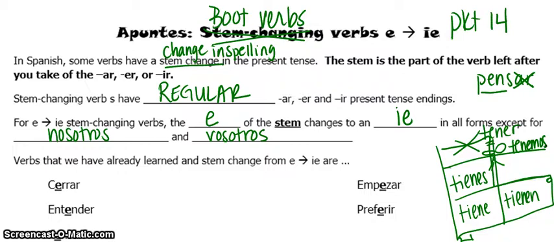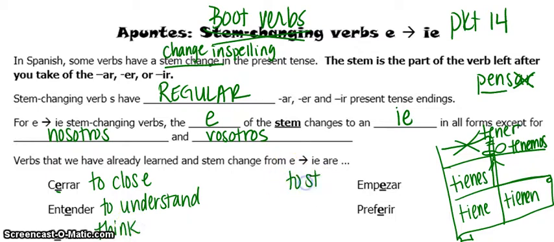Verbs we have already learned that stem change from E to IE, so these are verbs that we already know in this unit. Cerrar is to close, and the E right here is going to change to IE. Entender is to understand. Pensar is to think.